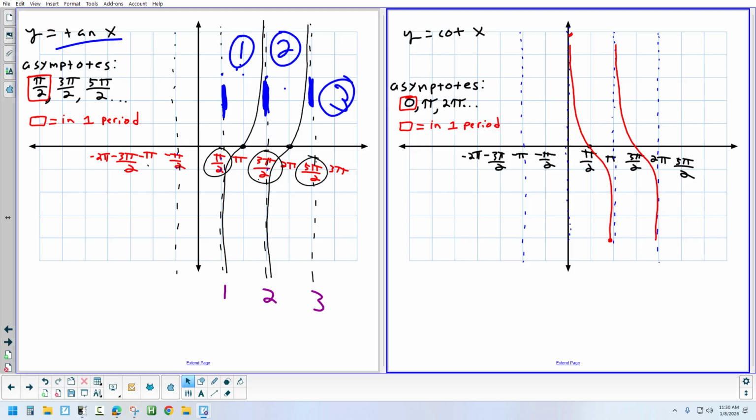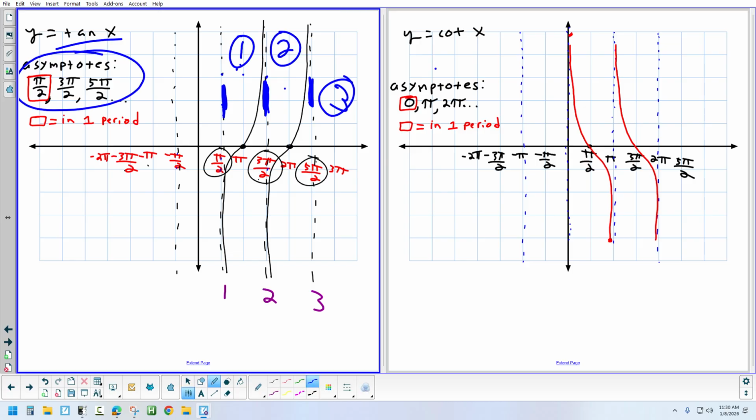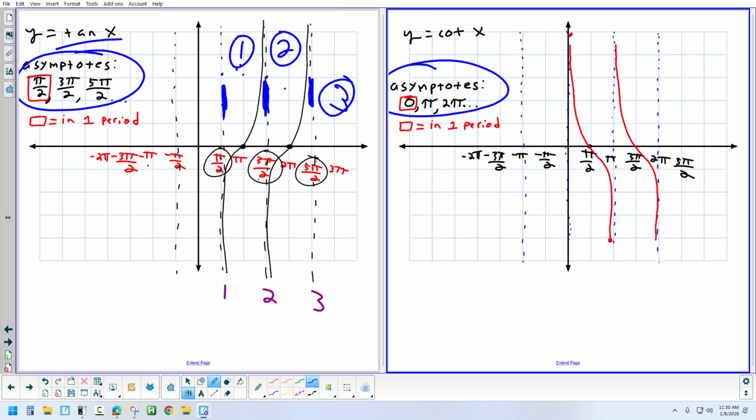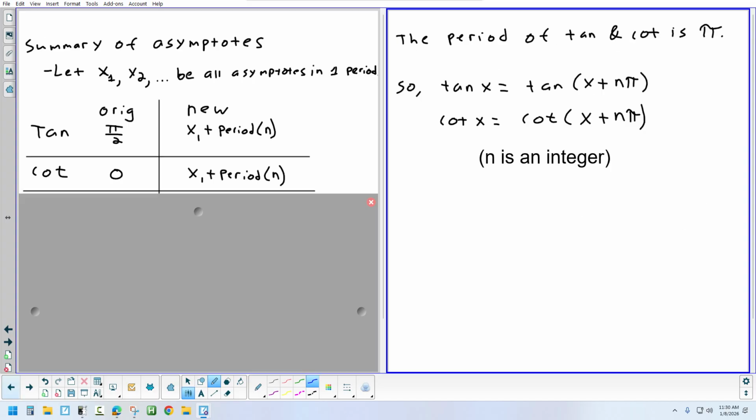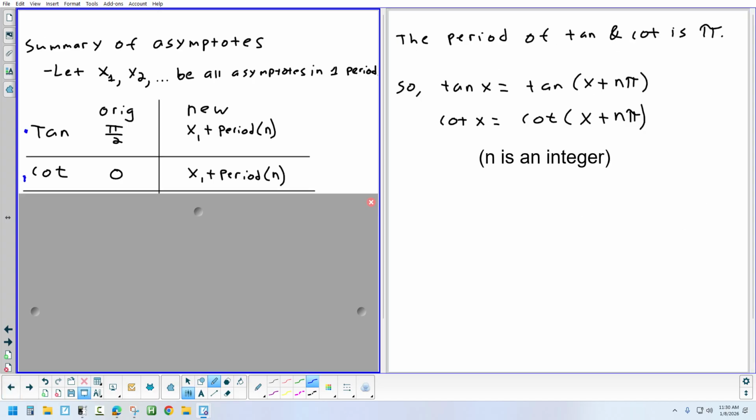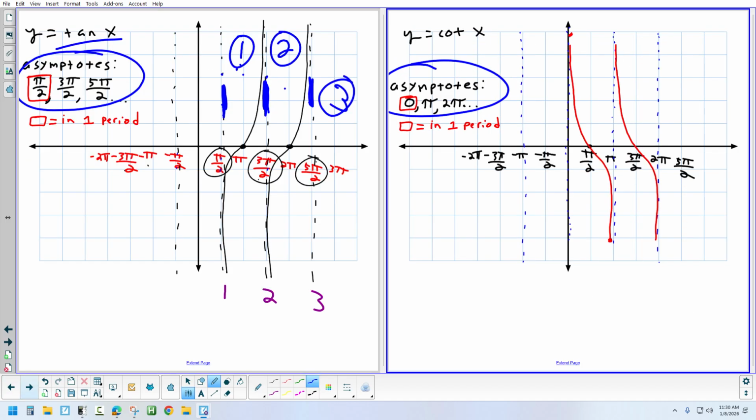Okay, I've written out some of the asymptotes for each. In a minute, I'm going to put this information that I just circled in a table, like this. This is going to be a summary of the asymptotes, because you don't really need to know all of them.